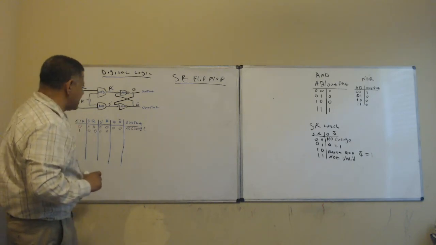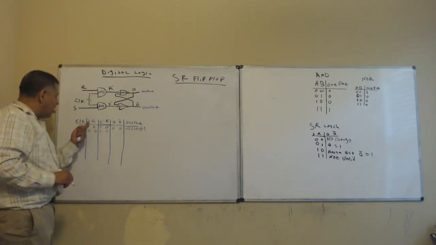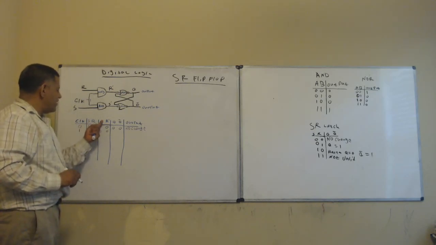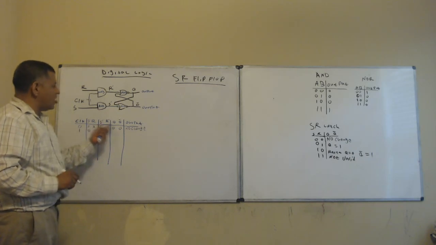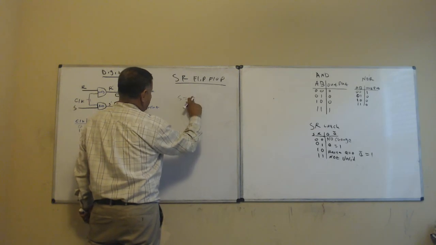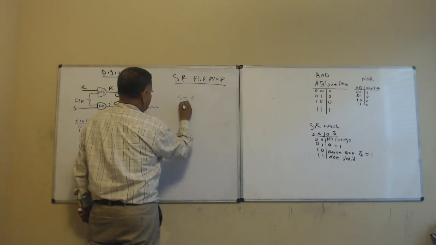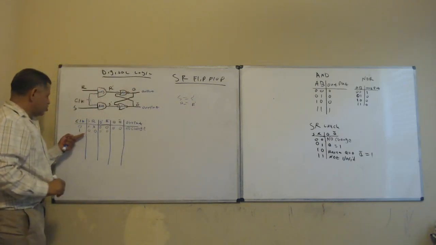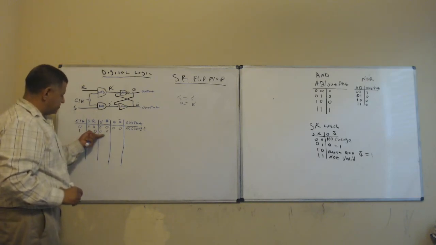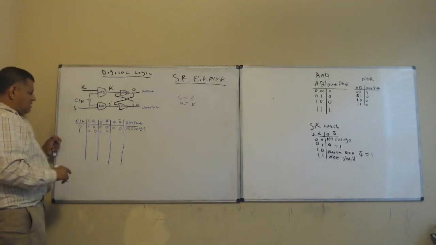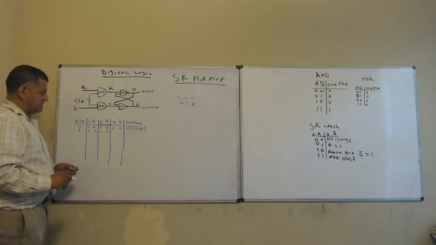Let me clarify that the SR values are equal to the S prime and R prime values. In other words, S is equal to S prime, R is equal to R prime. I don't want people to get confused, right? So whatever we put in over here, we need to put it over here. No problem. Now, let's think about this.